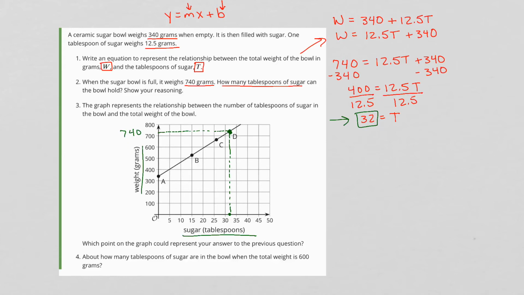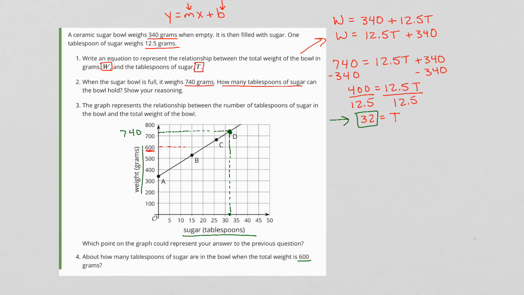So question 4 asks about how many tablespoons of sugar are in the bowl when the total weight is 600 grams. Now we could put that in the equation. We know how to do that, but we could also use the graph. Let's see if we can find that point. 600 grams, we're looking on the y-axis, so let's see, 400, 500, there it is, 600 grams.